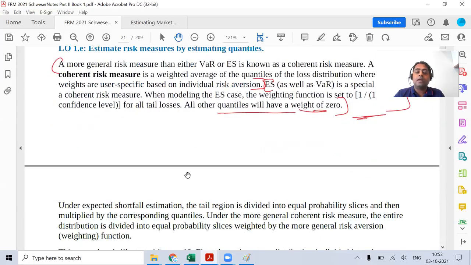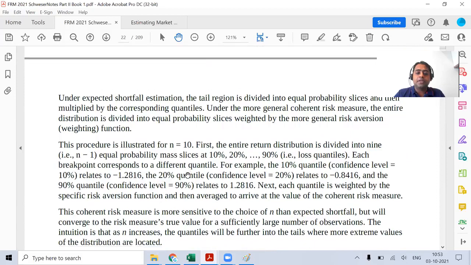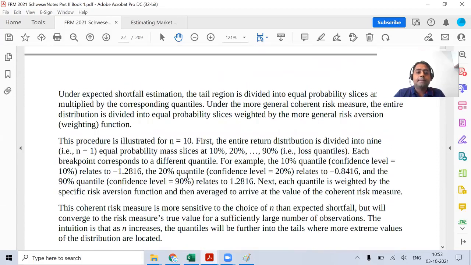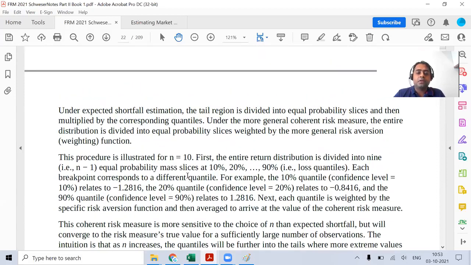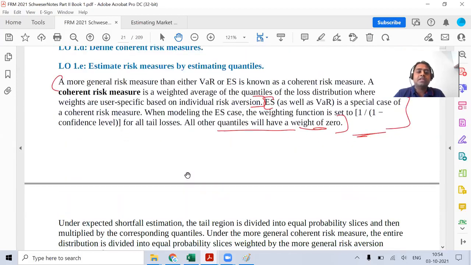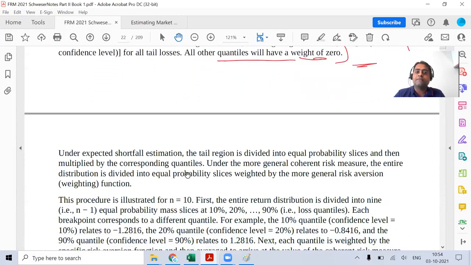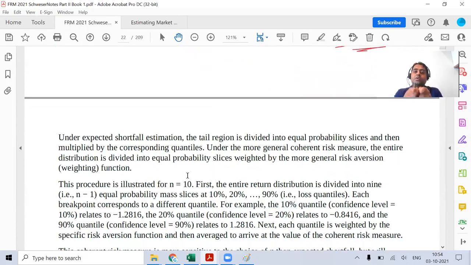When we talk about VaR, VaR is basically taking only one data point and giving everybody else 0 weightage. No, explicitly they have not written it, but they've talked about expected shortfall. The logic is the same for VaR also. It takes only 1 point, gives 100% weightage, and everything else is 0.